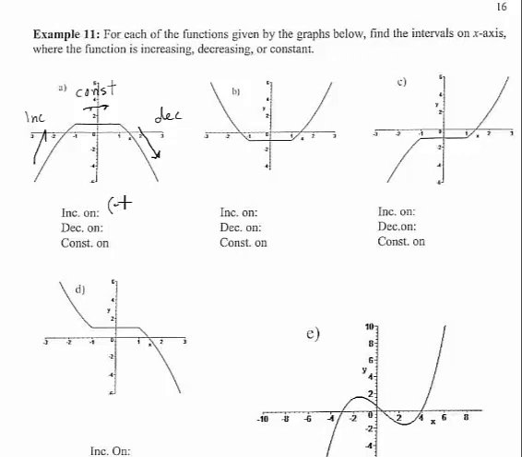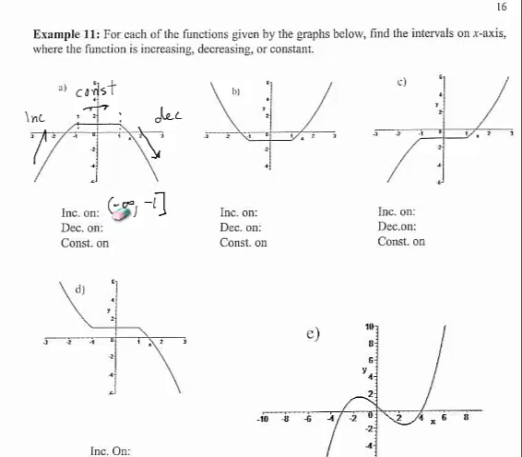For increasing, we would say it increases from -infinity, the far left, up until we get to -1, and we would put a bracket on -1. Now in the middle, we would represent that interval as from -1 to +1. This is our constant. Oh, I put that in the wrong spot. I'll go back and move it.